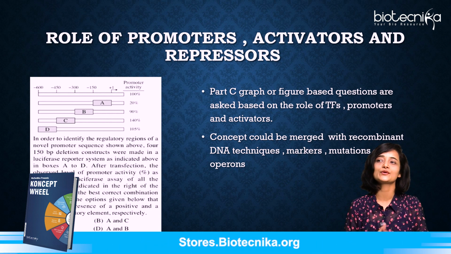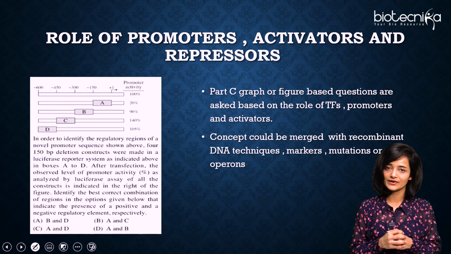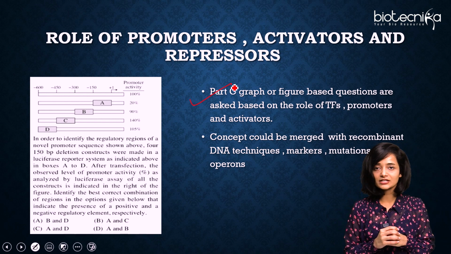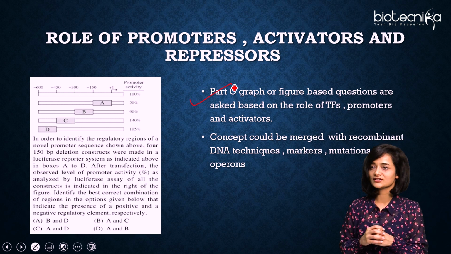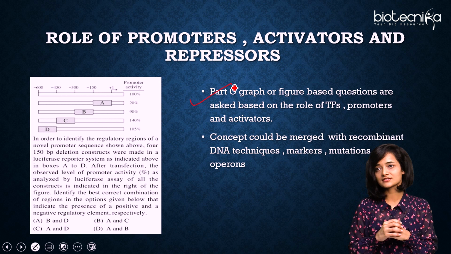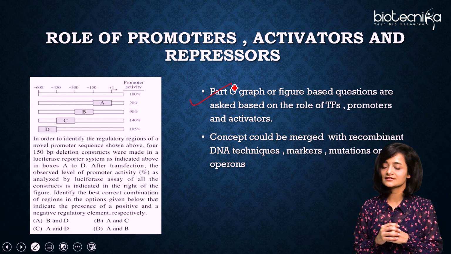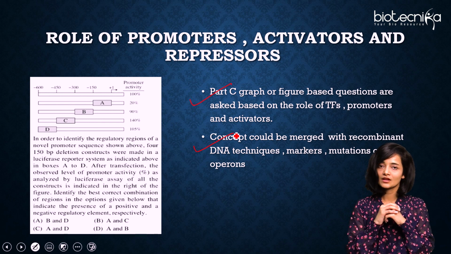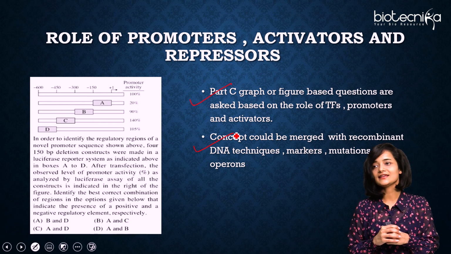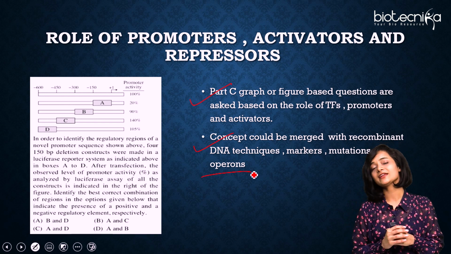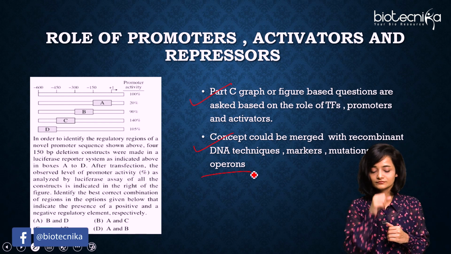Then comes the role of promoters, activators and repressors. In Part C, graph-based and figure-based questions are majorly asked on the role of transcription factors, promoters and activators. Concepts could be merged with recombinant DNA techniques, markers, mutations and operons and can be asked in the exam.